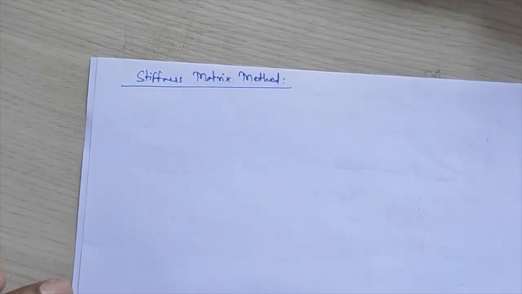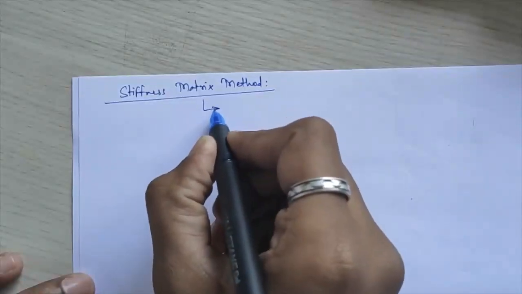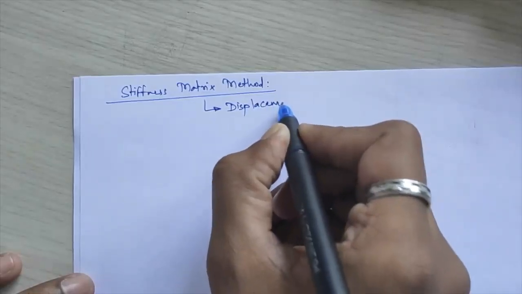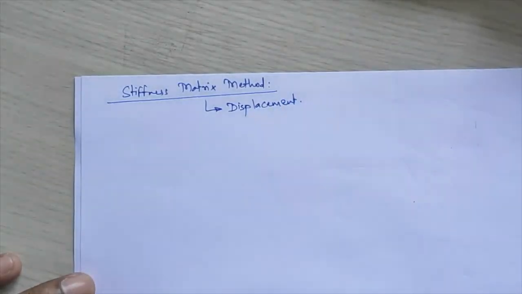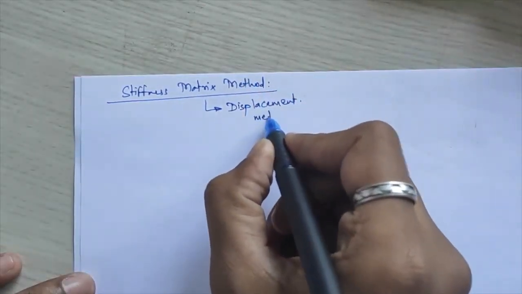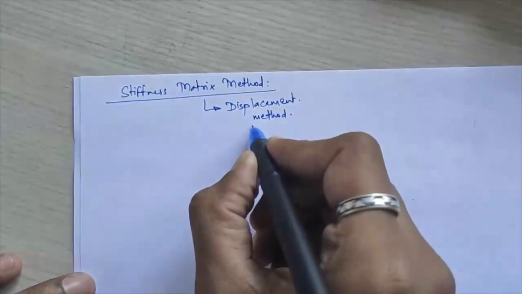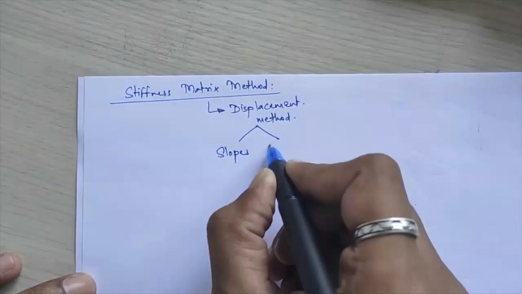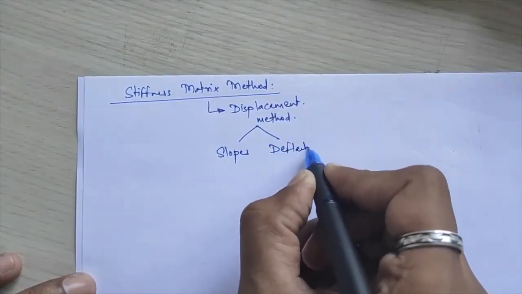Right, now the stiffness matrix method, as your flexibility matrix method was the force method, the stiffness matrix method is your displacement method. Displacement method means what? That is your slope deflection method or moment distribution method. This will also be a displacement method. That means it will deal with the values of slopes and deflections.